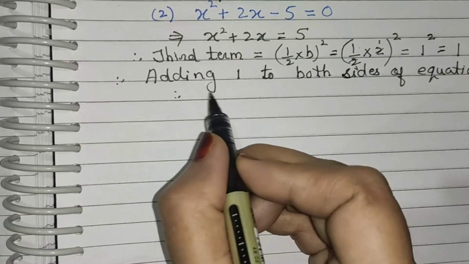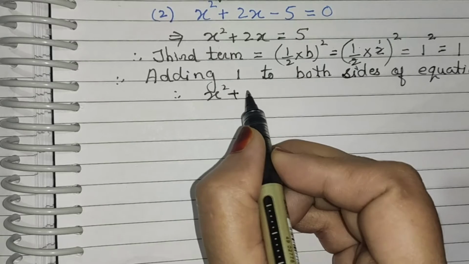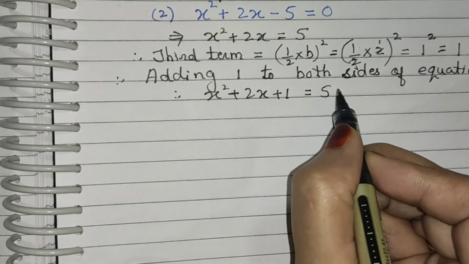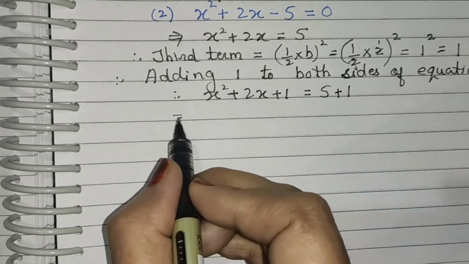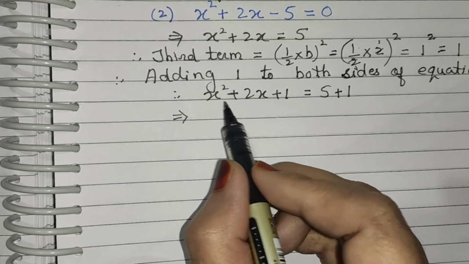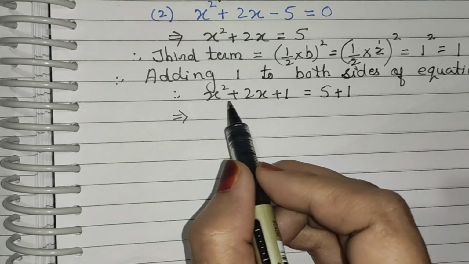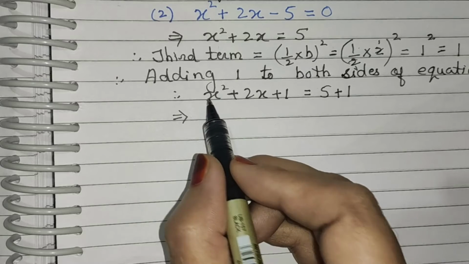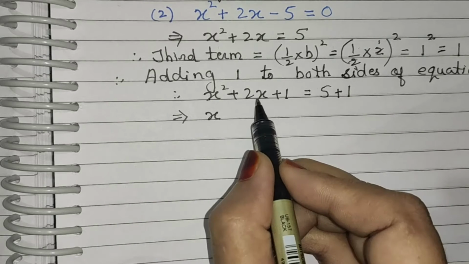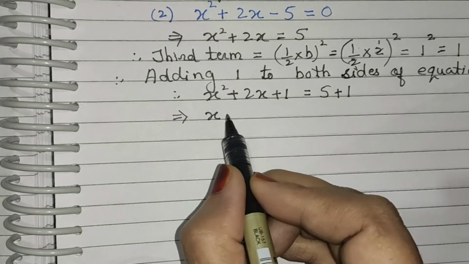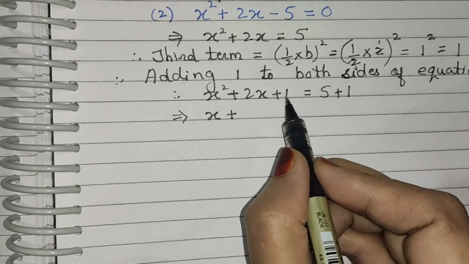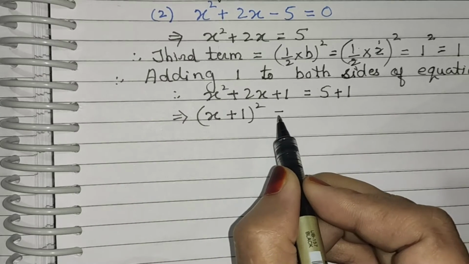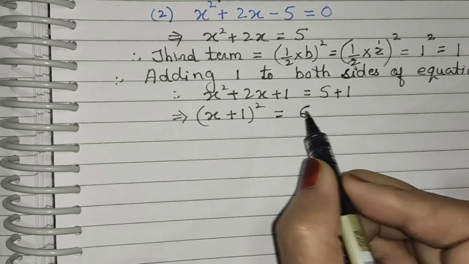We get x square plus 2x plus 1 is equal to 5 plus 1. Now solve it. Now again it is an expansion form of (a plus b) whole square. Therefore first write down term x, then sign of the middle term plus, and the square root of 1 means 1, whole square is equal to 6.